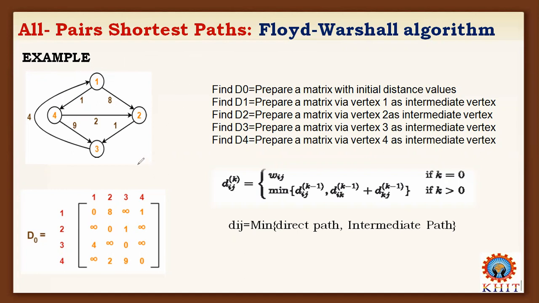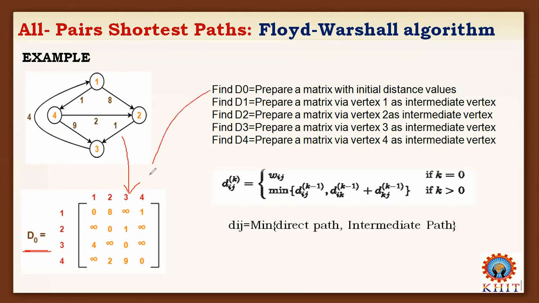So initially, the first step is that from the given graph, you need to prepare a matrix. The matrix initially starts with D0. D0 stands for distance. There is no intermediate vertex here. Simply we can place the values from the given graph into the matrix.